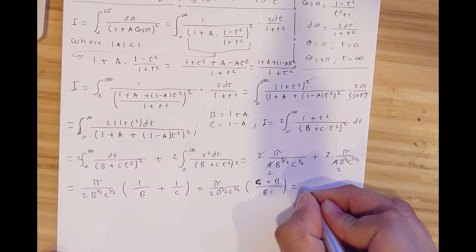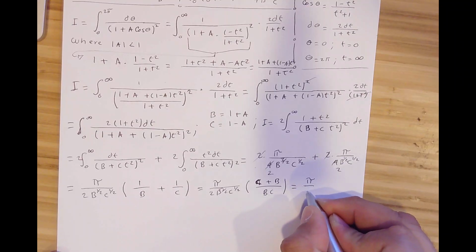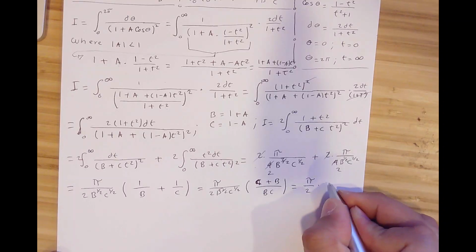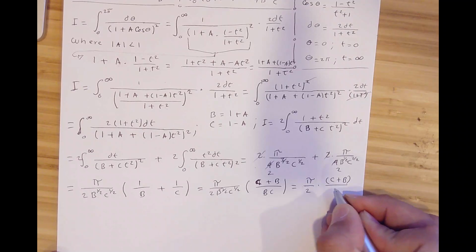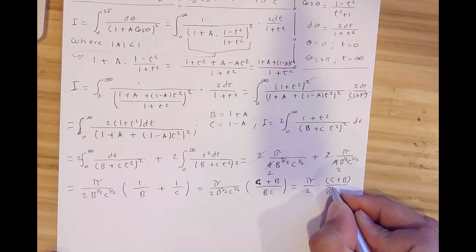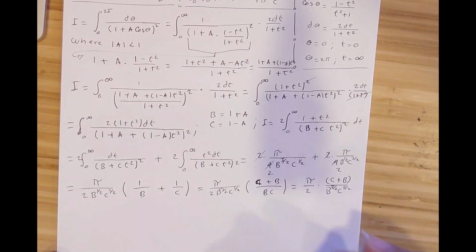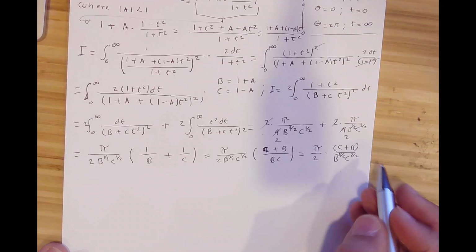But let me see. Okay, and we can still simplify this one again. We will have pi over 2, right? And multiply c plus b over b to the 3/2 and c to the 3/2. Because they have the same exponent, we can combine that.